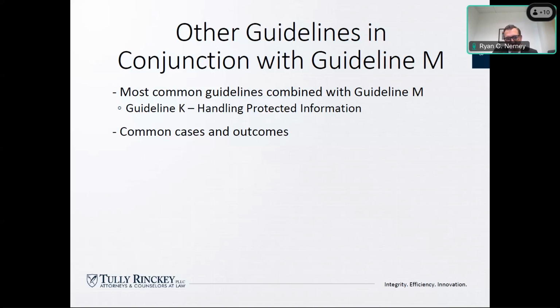That could elicit both of those guidelines because you're misusing the information technology system, not using it in the way that it was intended or you were instructed, but also handling protected information because you're not doing that appropriately, within the guidelines or the way that it should be used. That potentially could cause a compromise of classified information. So that's where those guidelines come in. But again, most of the time, I see those two guidelines, Guideline K and Guideline E, in conjunction with Guideline M, or Guideline M by itself.